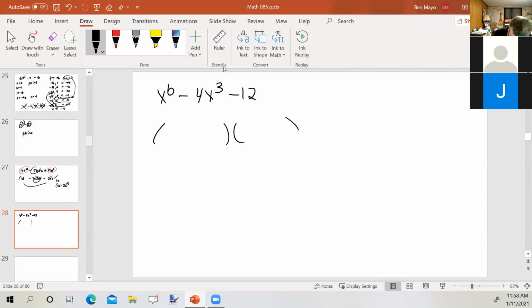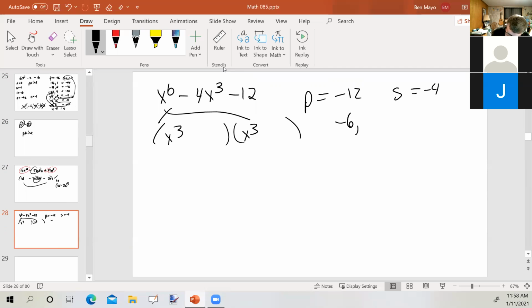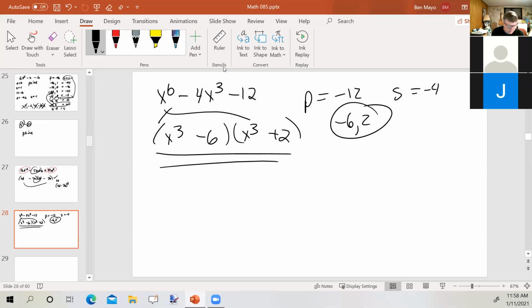So we would break that up x cubed, okay? And then we've got to have a product that's -12 and a sum that's -4. How about -6 and 2? Now, neither of those are the difference of two squares or the difference or sum of two cubes. We skipped that part, but they aren't. So this is the final answer.